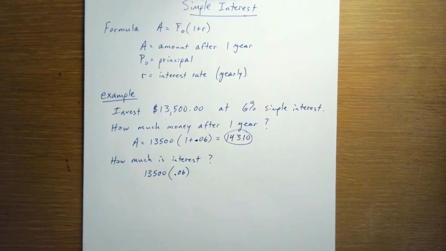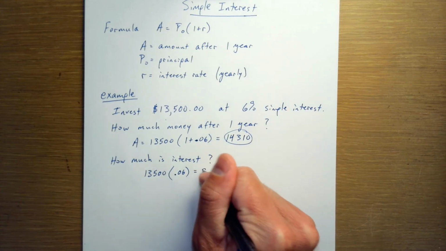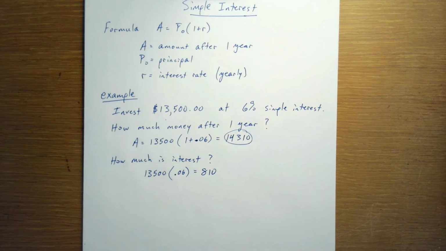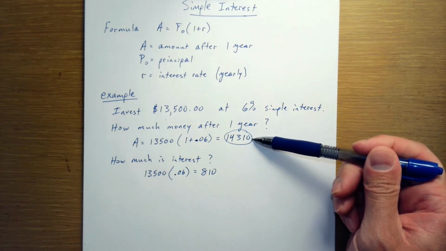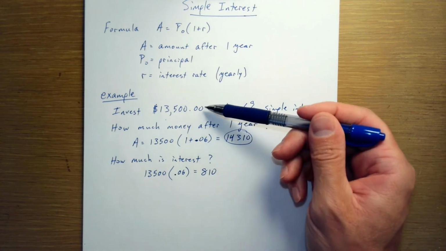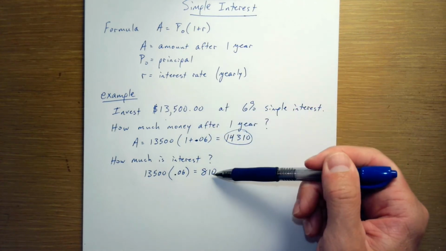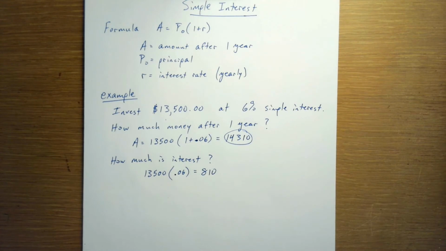So the actual interest is just $13,500 times the interest rate, which is 0.06. And that turns out to be $810. So if you look at the difference between the new money after a year and the initial investment, that's $810. So that's the actual interest. That's the new money that's accrued.